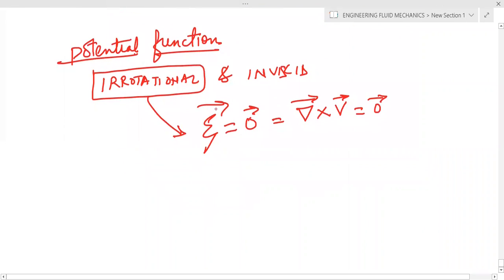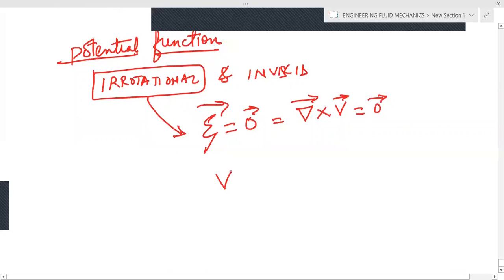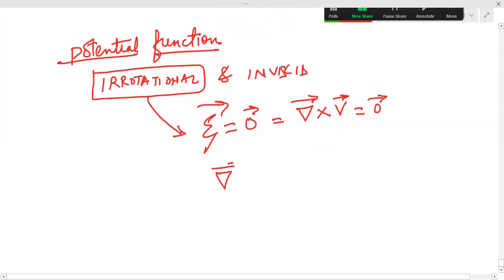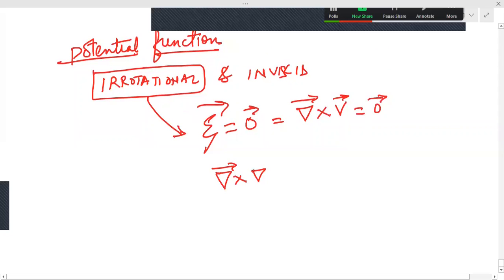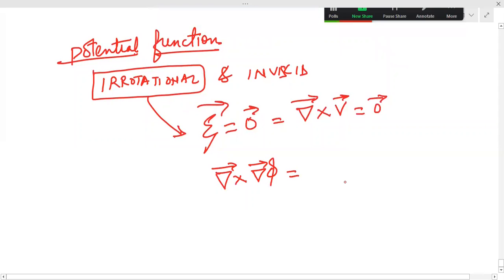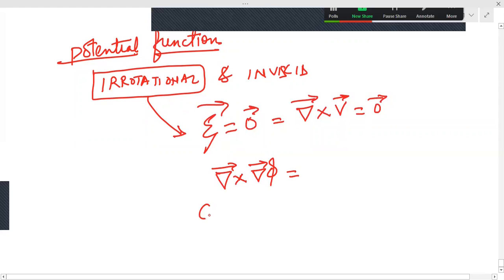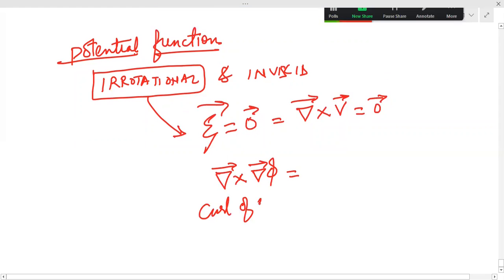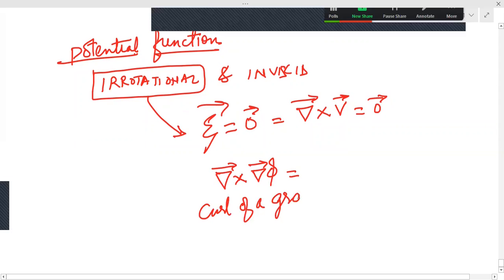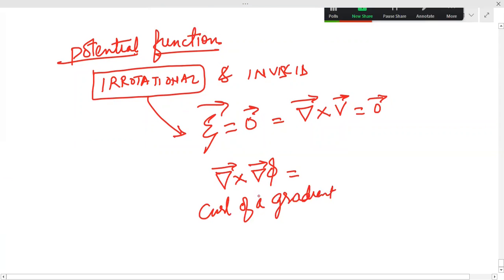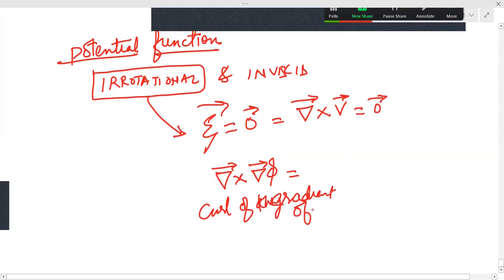And what do you know from the definition of this thing, if you remember? What is this equal to? This is the curl of the gradient of a scalar function.